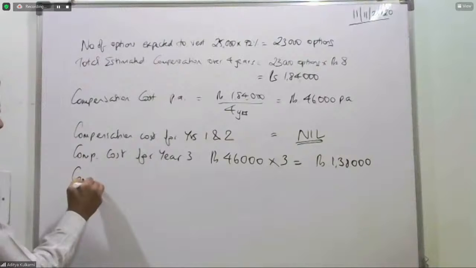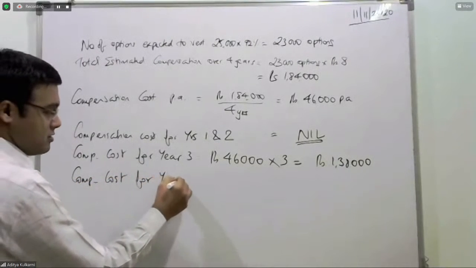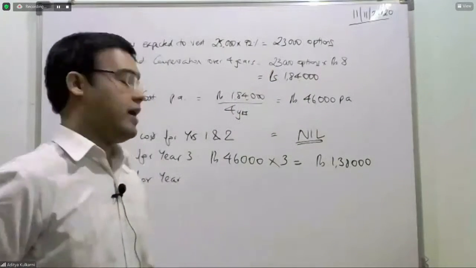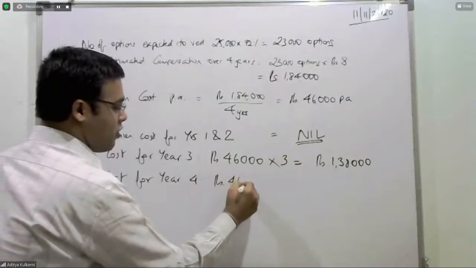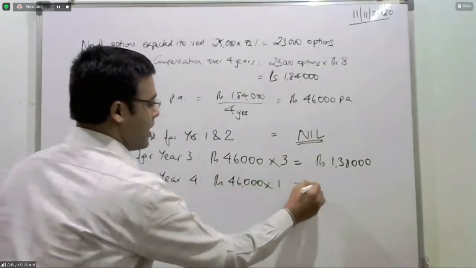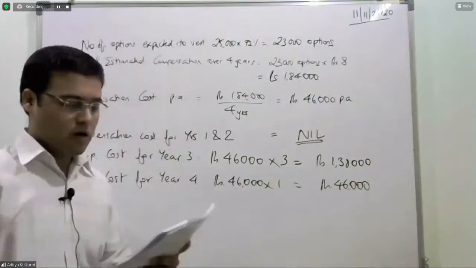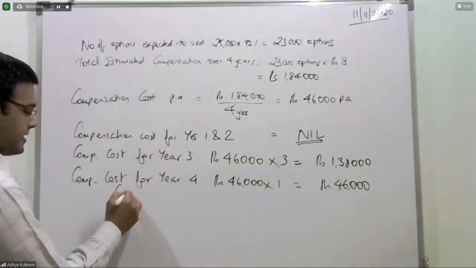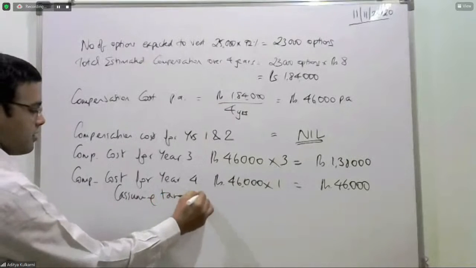And assuming that the conditions continue and 92% actually vest and you meet the requirement, compensation cost for year 4 will be 46,000 into 1, that is rupees 46,000. So this is how you will do. Assuming target is achieved. All right.